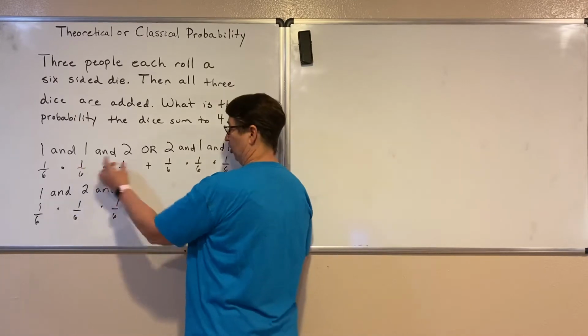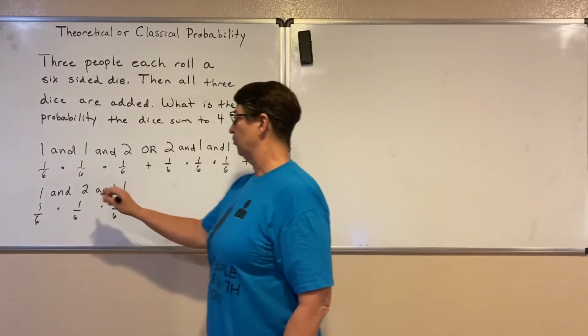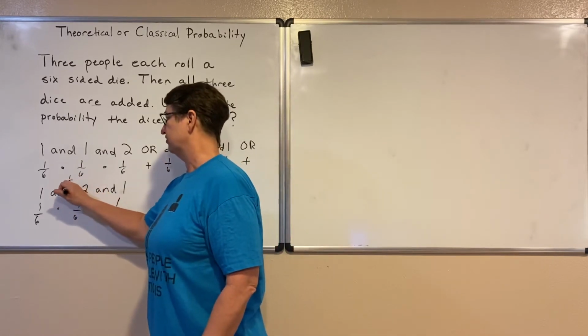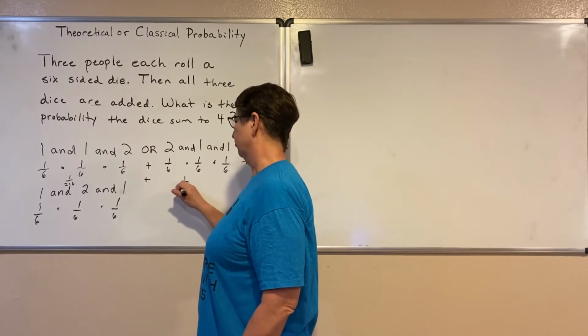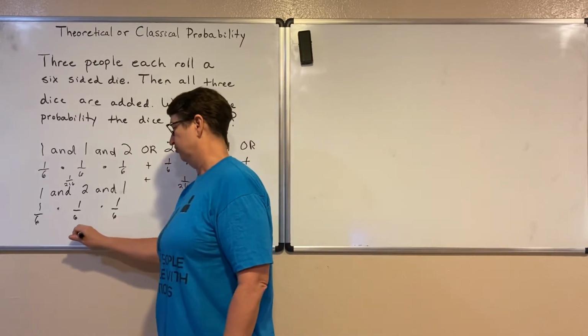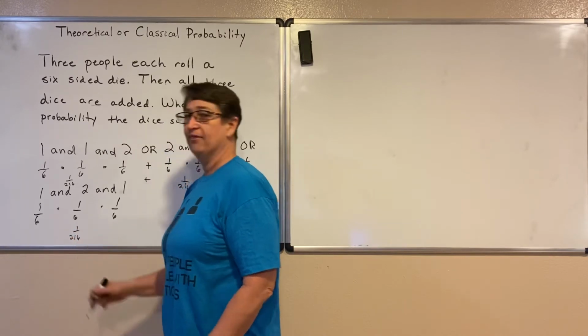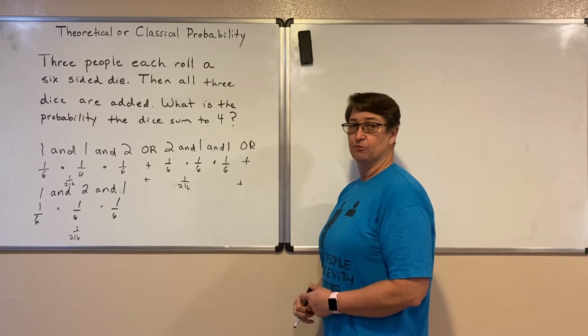So notice that all 3 of these are the same. So we could say, well, this one's 1 out of 216, plus this one's 1 out of 216, plus this one's 1 out of 216, and then add them together to get 3 out of 216.